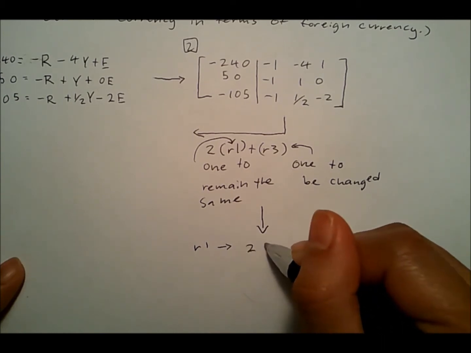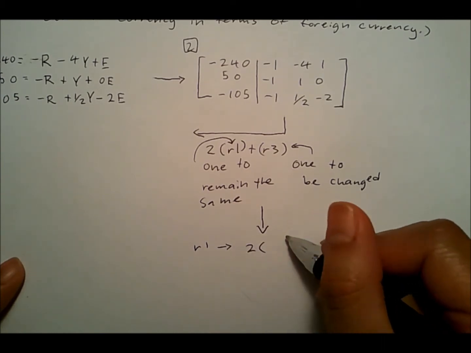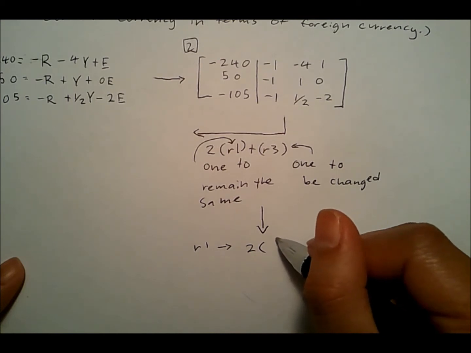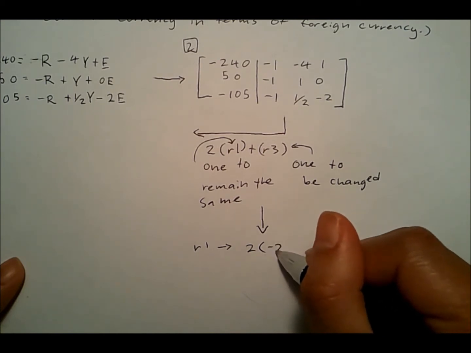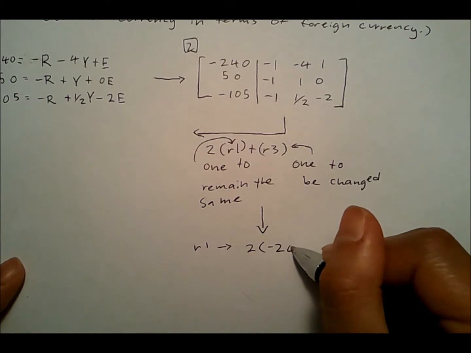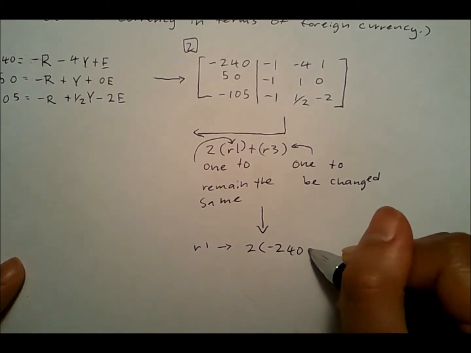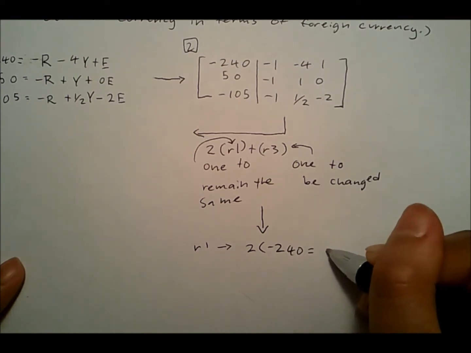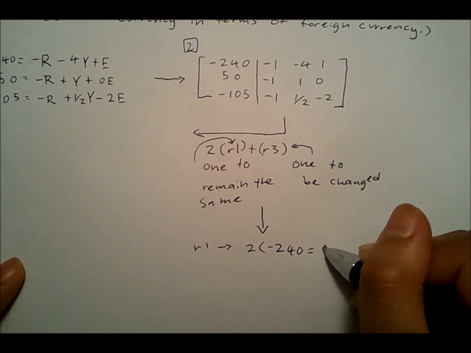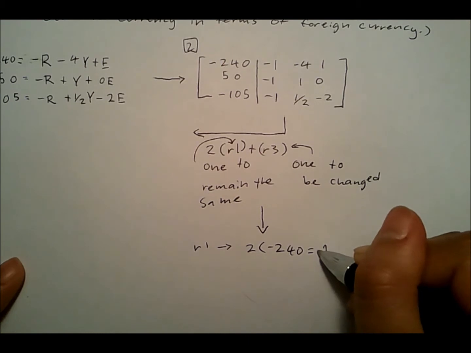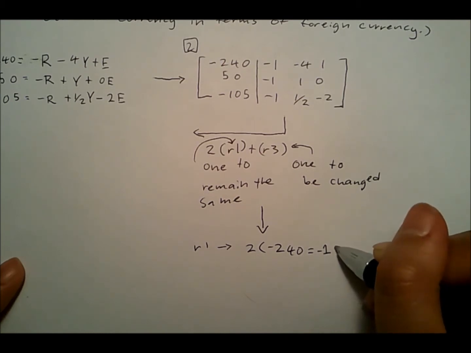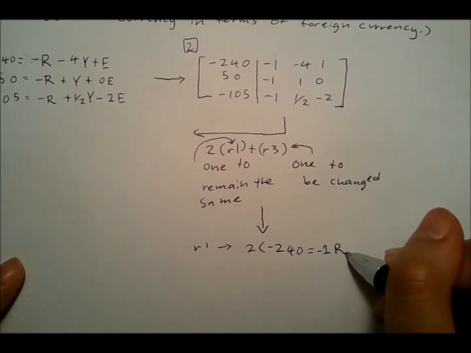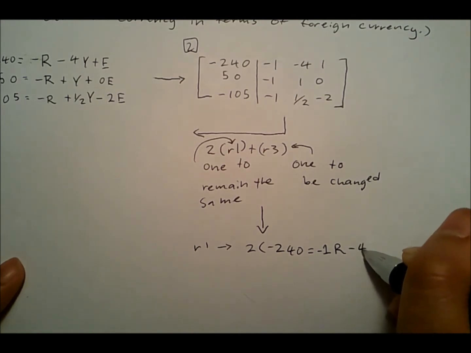So written out, these equations are going to look like this when we add them together. So row 1 is going to be 2 times negative 240 equals negative 1r minus 4y plus 1e.